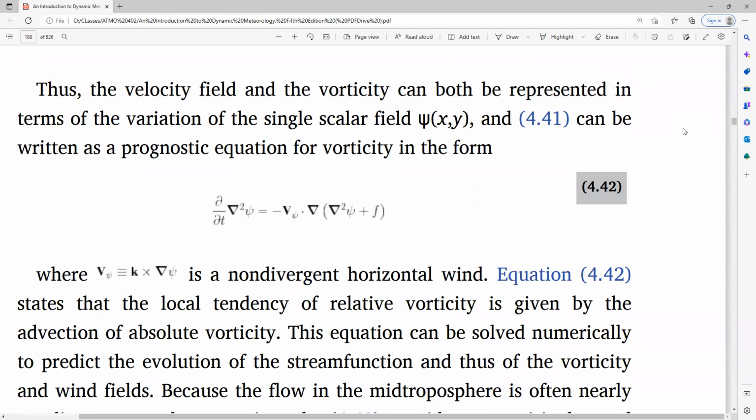So the total derivative is following the motion. So I define this. This is the horizontal advection of the potential vorticity, and this is the time change.